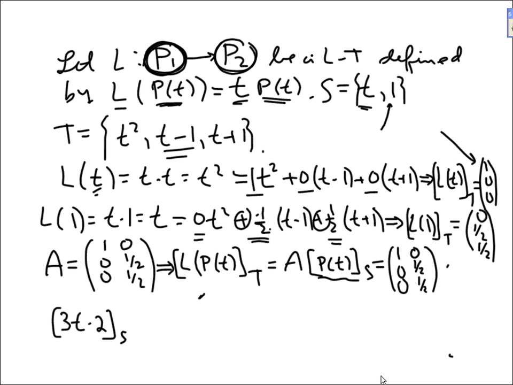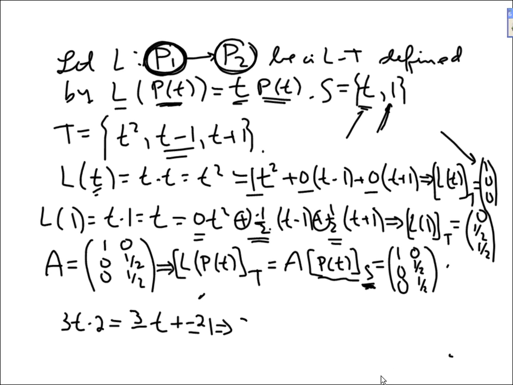Well, first, before we can find out what that is, we need to write 3t minus 2 as a linear combination of the vectors or polynomials in S. And S is t and 1. So it's a multiple of t plus a multiple of 1. The answer is 3 and negative 2.